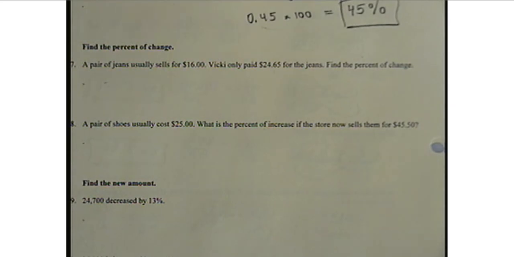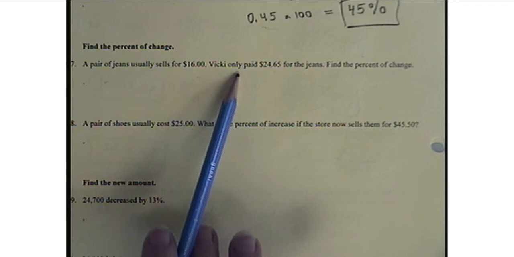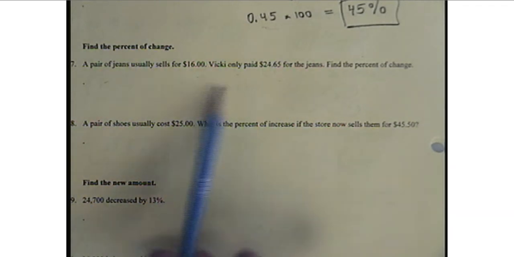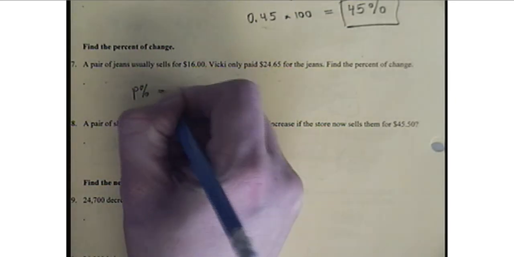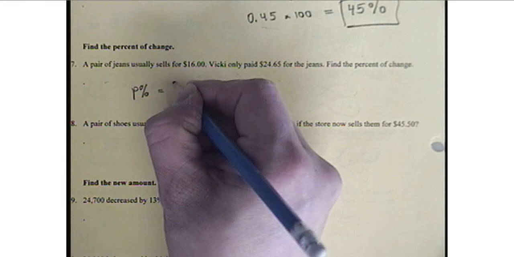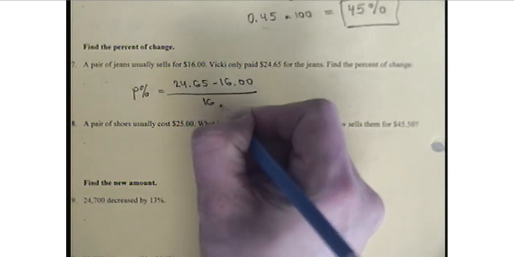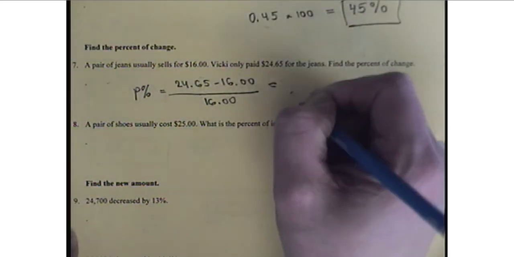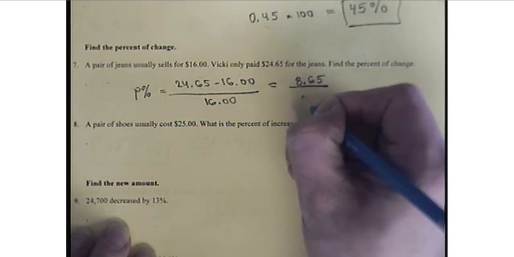Okay, so if the pair of jeans usually sells for 16 and Vicky paid 24.65, let's see the percent of change. What happened here? So again, the percent of change will be, we will start with the larger amount, 24.65 minus 16 over the original, which is $16. So 24.65 minus 16 will give us $8.65 over $16.